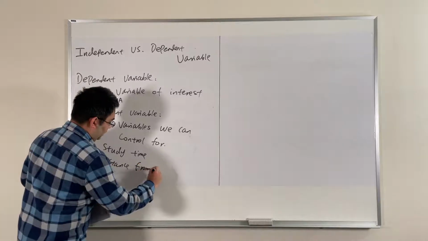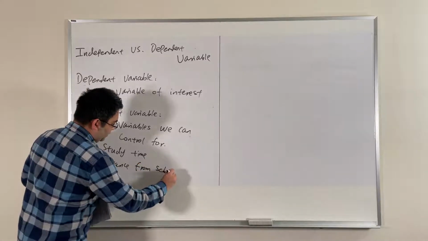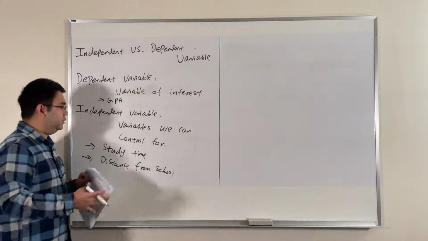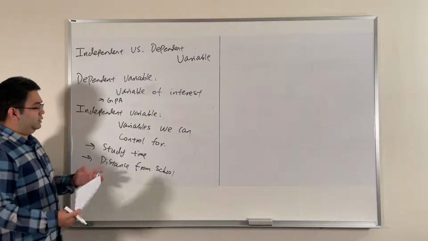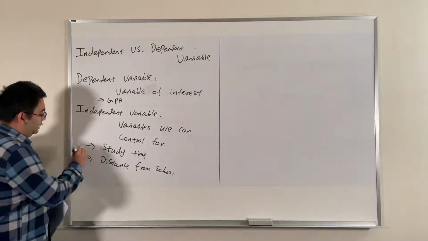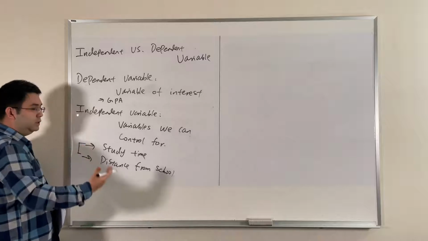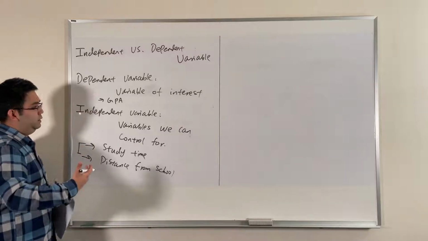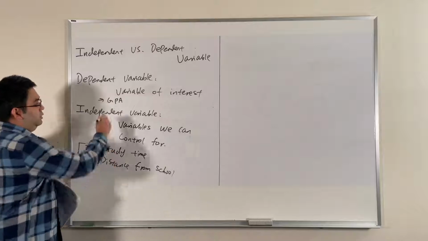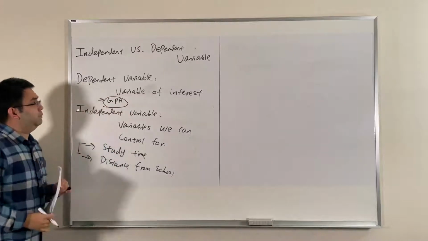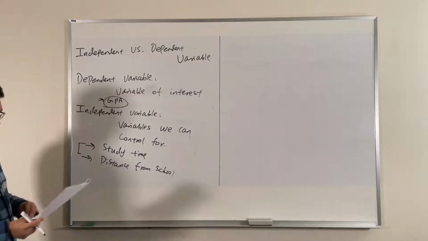So whether you live farther will increase your travel time and therefore decrease the time you study, then it decreases your GPA, right? So these two are the independent variables that we're interested in and how they affect our variable of interest, which is the GPA. Okay, so now you see the difference between the two.